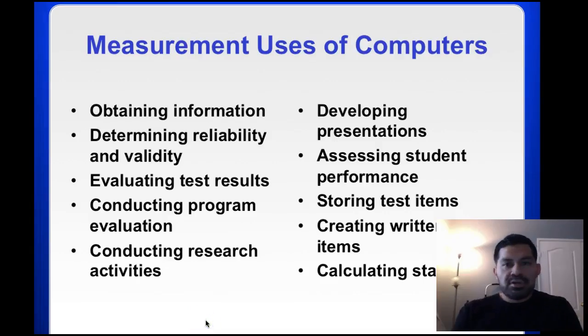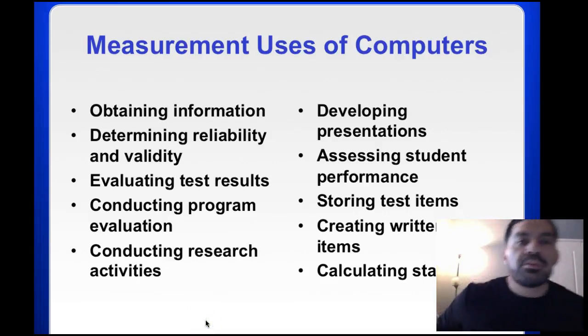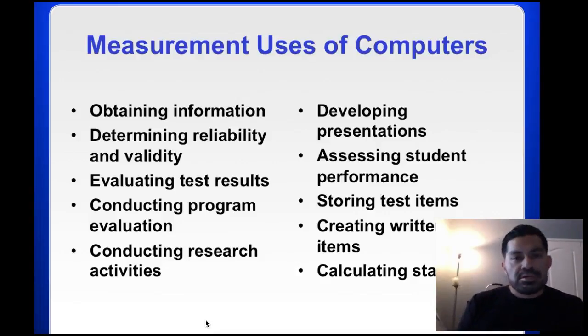So what I did want to cover a little bit about in this chapter were the measurement uses of computers. So obtaining information, determining reliability and validity, a few things that computers allow us to do, evaluating test results, conducting program evaluation. So there's a lot that we can do with computers and using statistics.